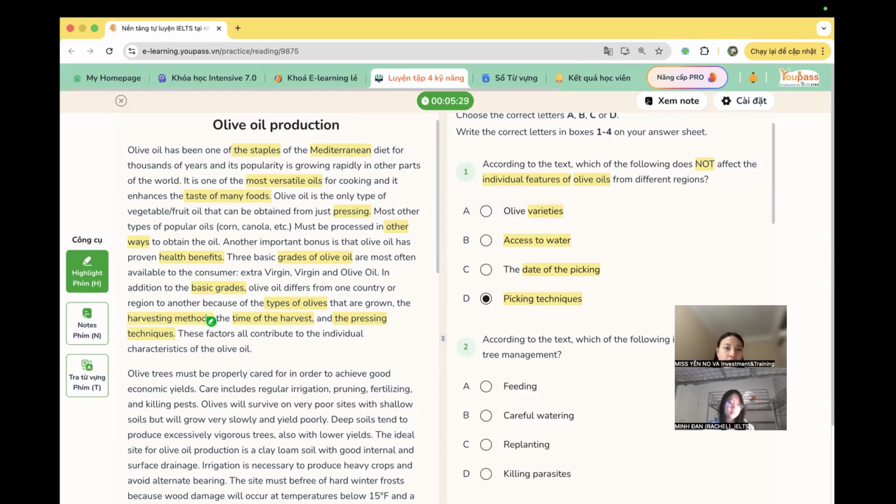You got the techniques, you got the time, and you got types of olive. So it's something not included. Not included. So like olive varieties. Variety is the type of olive. They got the race of olive oil here. Which one does not mention? Oh, that's not mentioned.